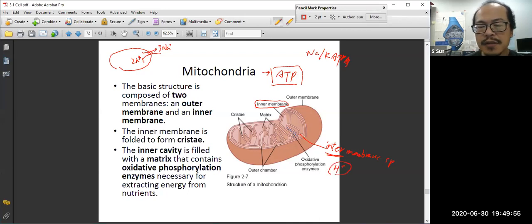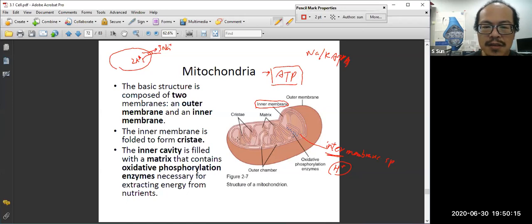We will learn about it. And inside of this inner membrane is called the inner cavity.